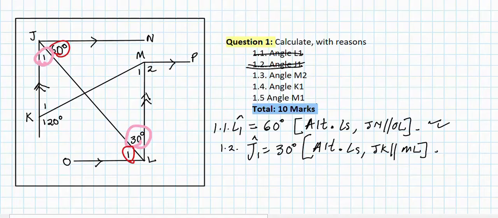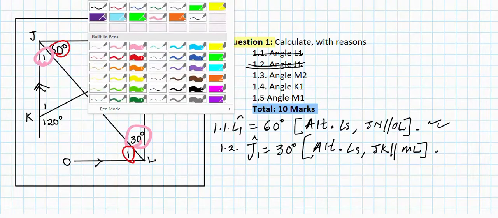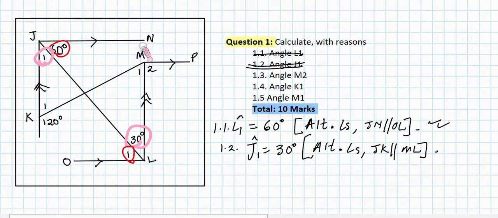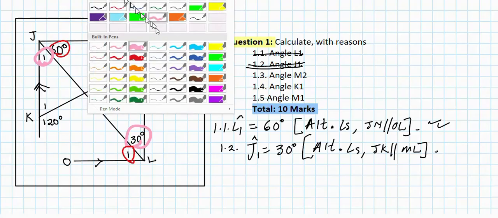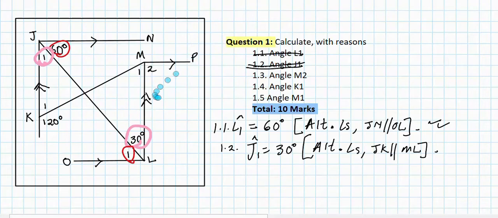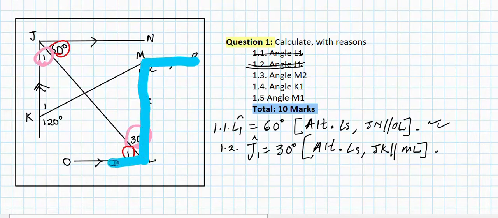Then the next one, we are supposed to find M2. So now when we are looking at M2, M2 might be tricky for some people. But if you already know how you are supposed to use your concepts, then this shouldn't give you a problem. When we are looking at this line right there, we realize that we have a Z there. And this Z, we know that this line is parallel to that line because it was given to us.